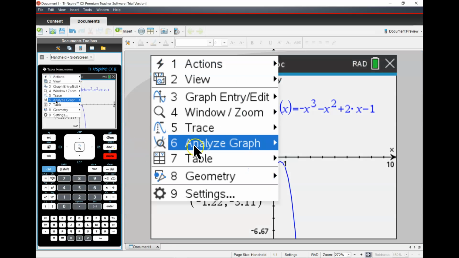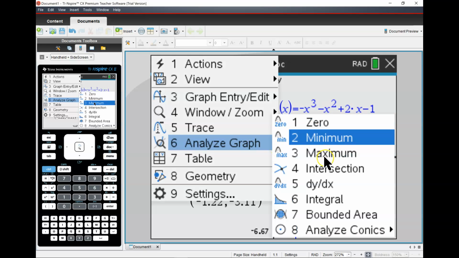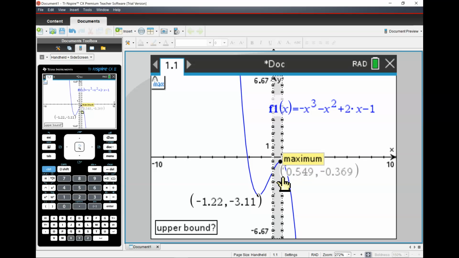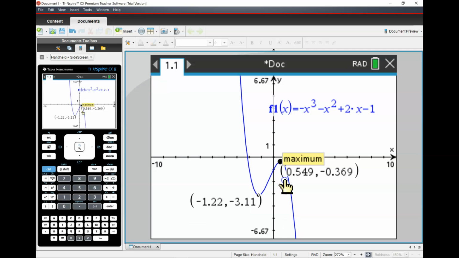So the other one, menu, analyze graph, maximum. And again, lower bound, upper bound. And so now as you drag it, see it's looking that the values are increasing. And the minute they start to drop, it says, okay, that's where the maximum was, right?